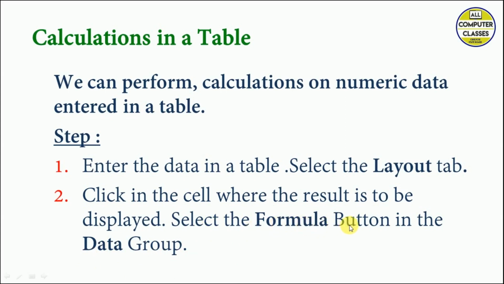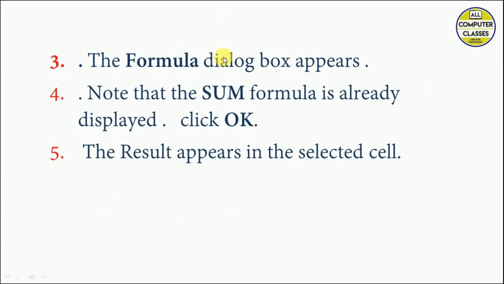Once the formula button is clicked, we will see the formula dialog box. And in this formula dialog box, we will see the sum formula is already displayed. Now we have to click OK in order to see the result. I am sure that you have not understood what I have just read to you. Let's see practically and then we will come back to this topic and read again.